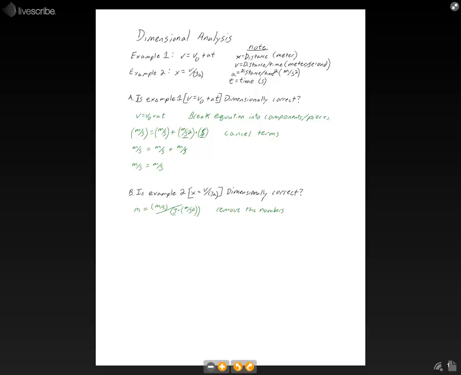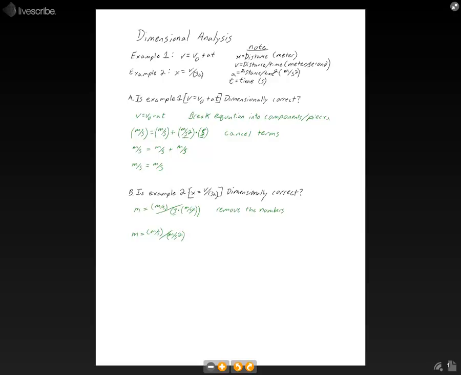It's not actually a number that you should remove. So go ahead and leave that in there and just remove the numbers. And when you do that, you get meters equals meters per second divided by meters per second squared.